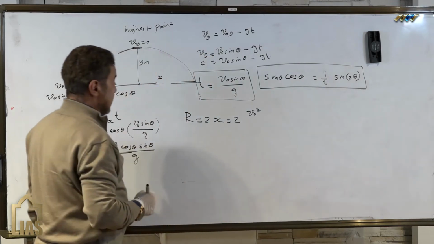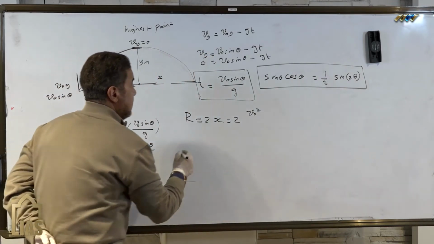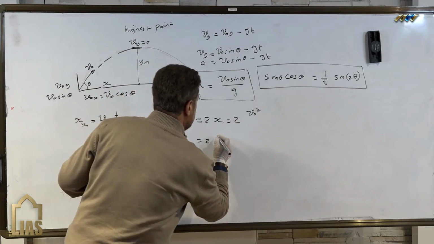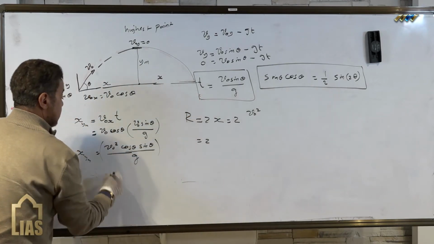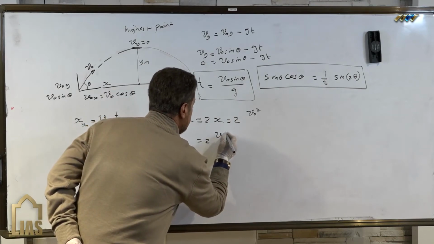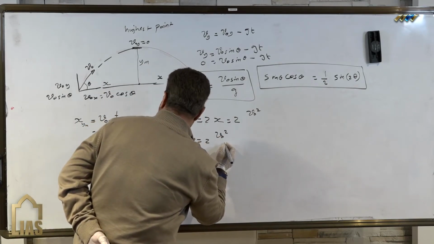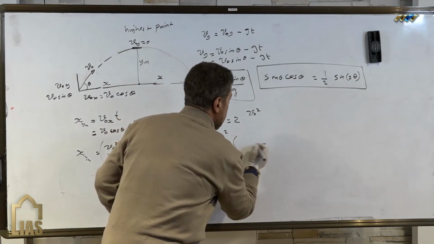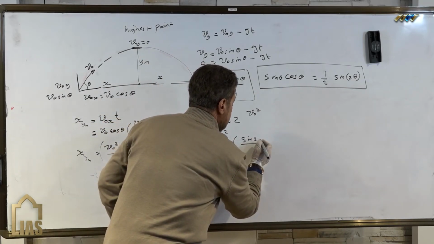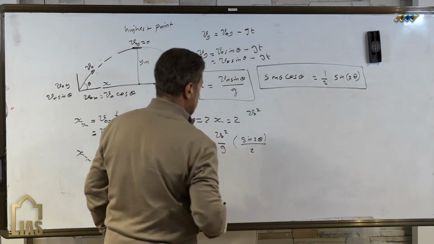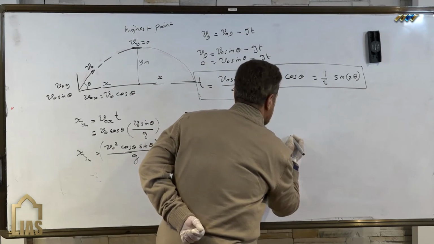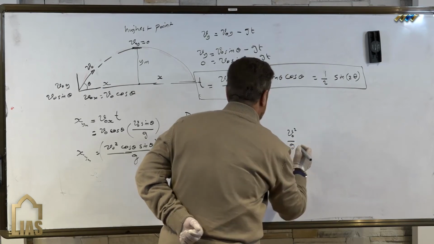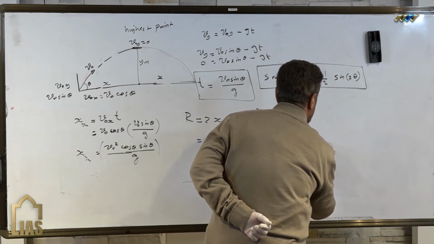Taking the values, 2 v0 square over g times sine 2 theta over 2 gives you v0 square over g sine 2 theta.